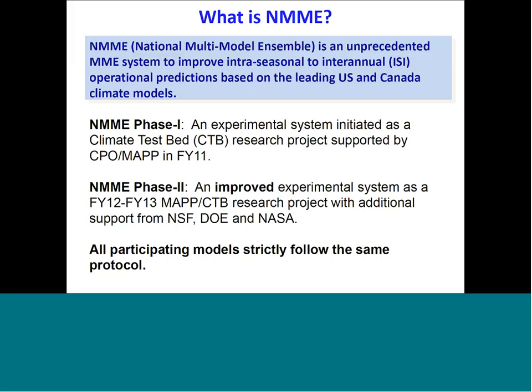And NMME Phase 2 is an improved system, which was also funded as a CTB research project in 2012 and 2013. So it was funded by the MAPP program, but with additional financial support from NSF, DOE, and NASA.